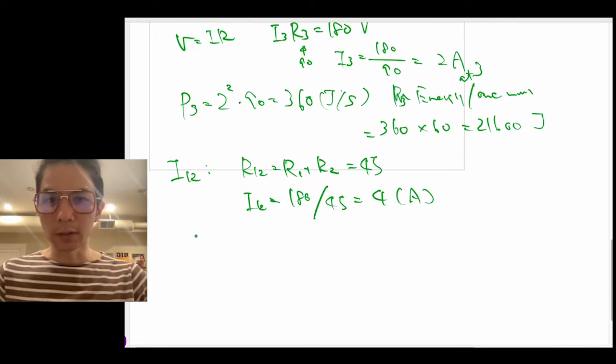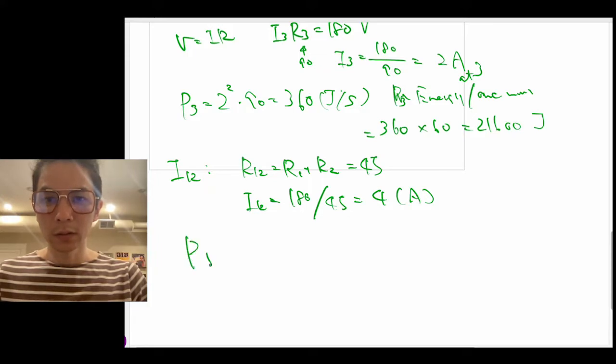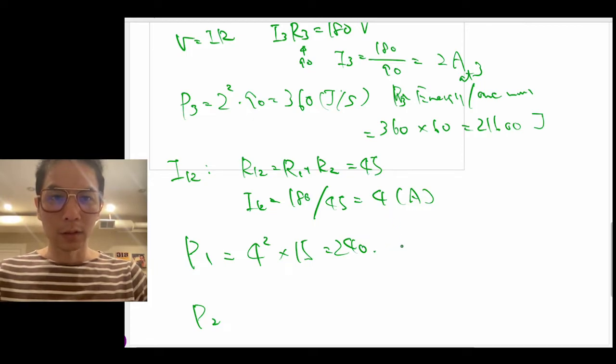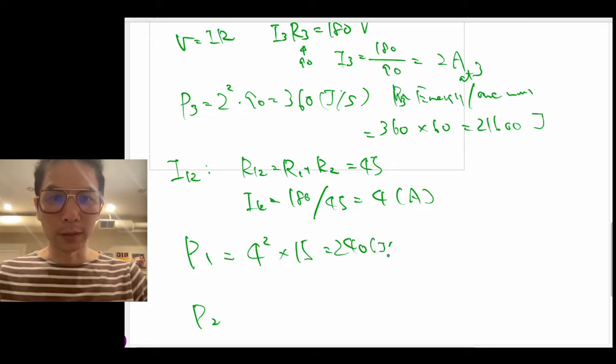So let's calculate the P1 and P2 in a similar fashion. How you do this is basically I squared R, which is 4 squared, multiplied by, in the case of R1, 15, so 240 joule per second.